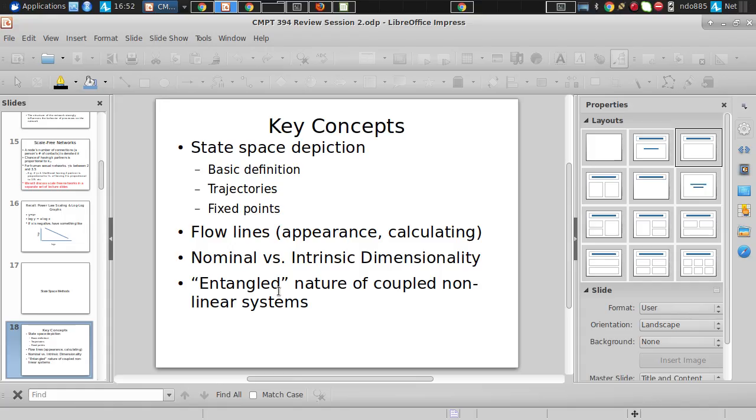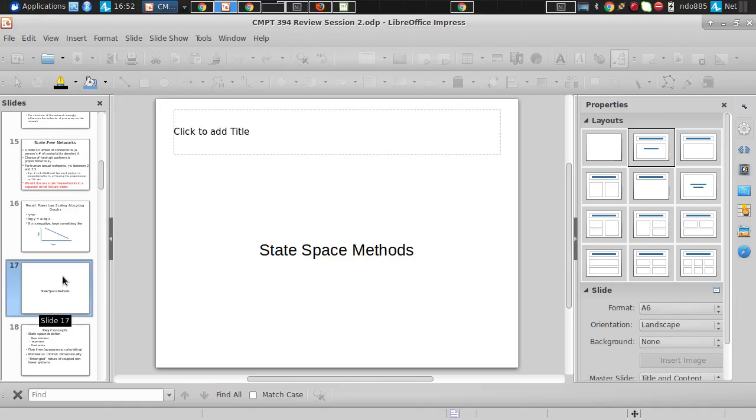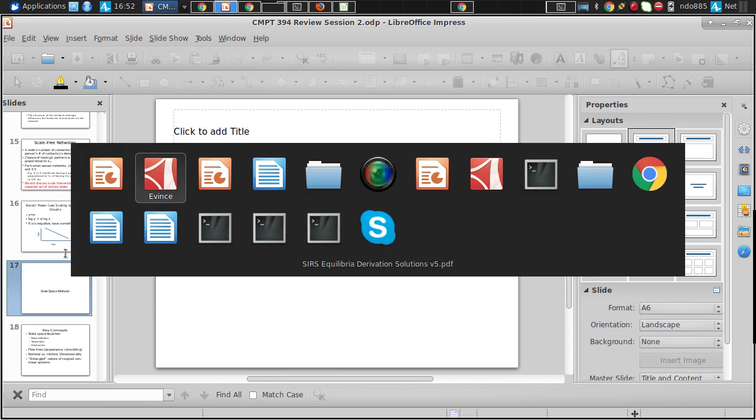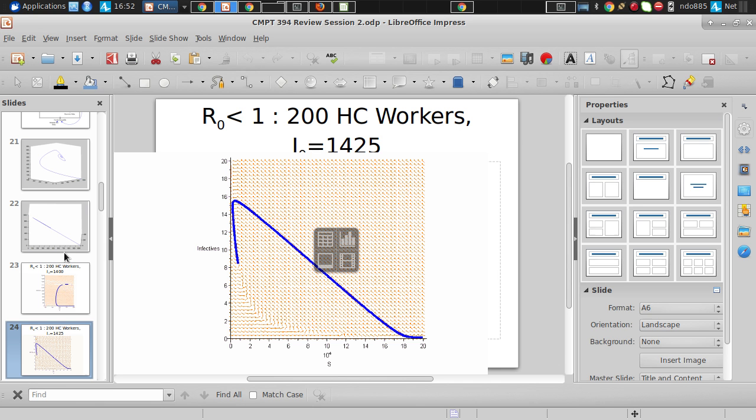It can let you probe what's going on in the entire system over time. And that's a notion of embedding, it's called, the embedded nature of the system. So that was something we talked about with state space methods. Okay, other questions?